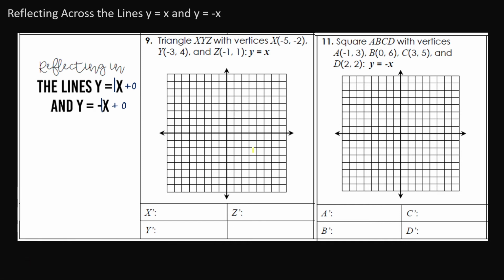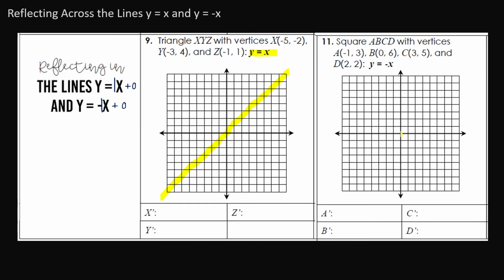let me highlight here. For number 9, I'm reflecting across the line y equals x. So I know that it passes through the origin and has a slope of 1. So it's just going to be a completely diagonal line here. And with y equals -x, that also passes through the origin.